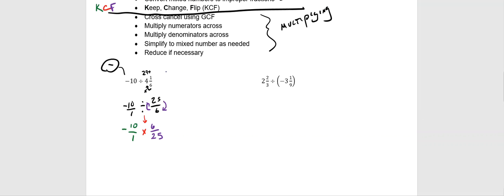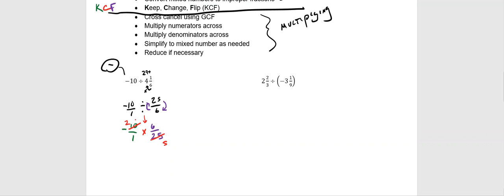And as I mentioned, from here on out, everything that we do is going to be based on what we know about multiplying. So we will cross cancel. Nothing to cross cancel with the 1 and the 6. We will cross cancel with the 10 and the 25 because they share a factor of 5. So 5 goes into 10 twice, 5 goes into 25 5 times.